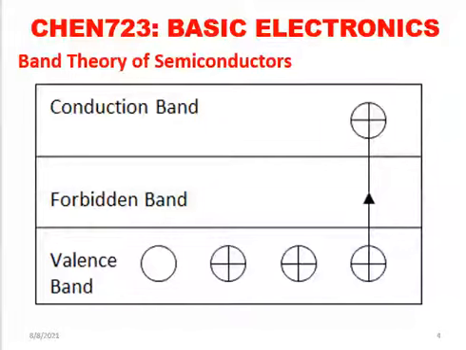Covalent bonding is formed not by transfer of electrons, but by sharing electrons between the neighboring atoms that form that bond. In this case, we have three regions in any semiconductor material: the conduction band, the forbidden band, and the valence band.